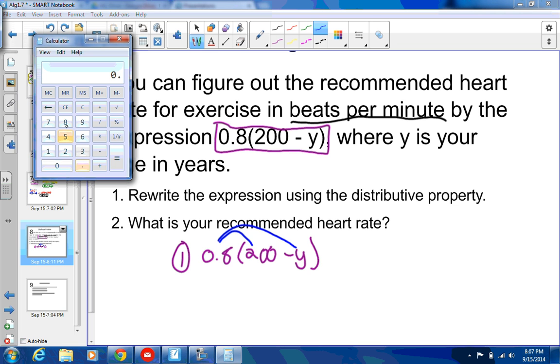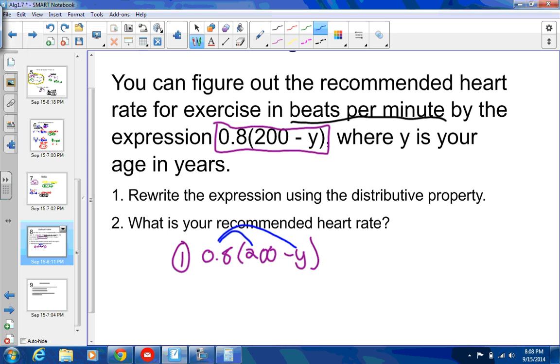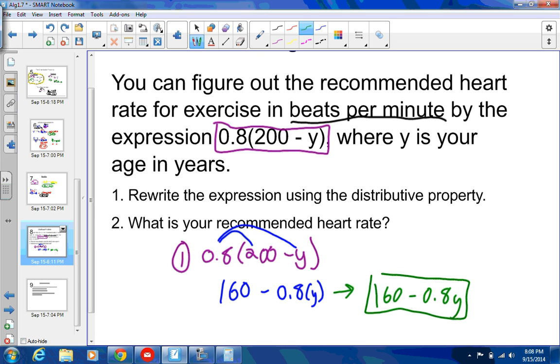So 0.8 times 200. It does, it's equal to 160. So that is 160 minus 0.8 times y, which is as simplified as you can go. So all you have to say is 160 minus 0.8y is your new expression.